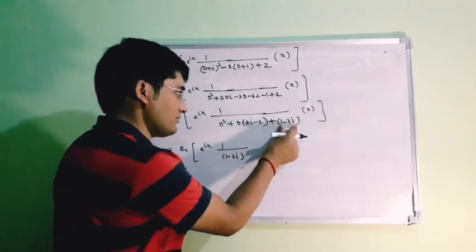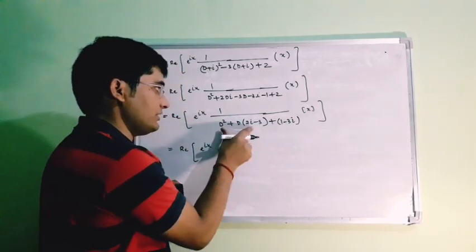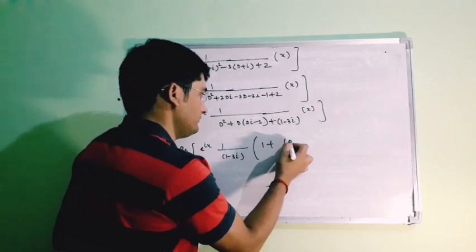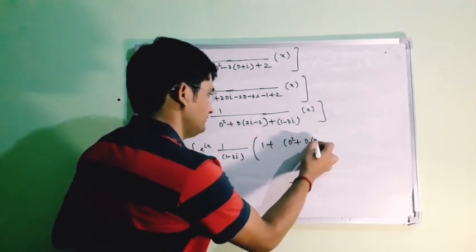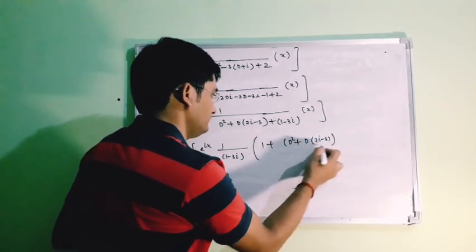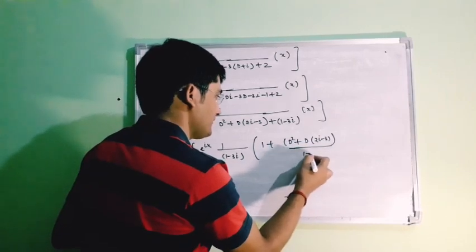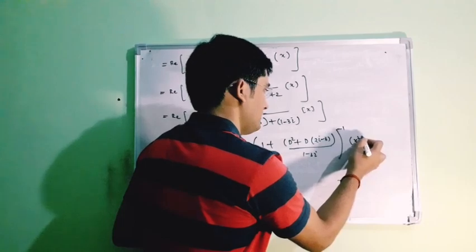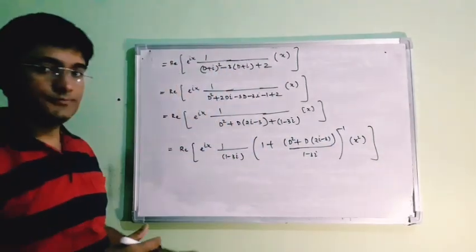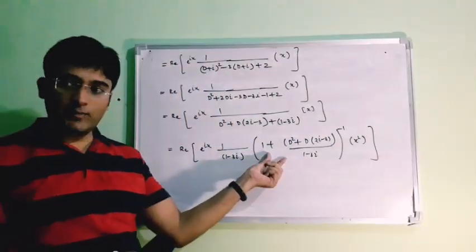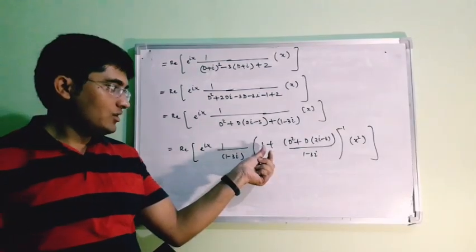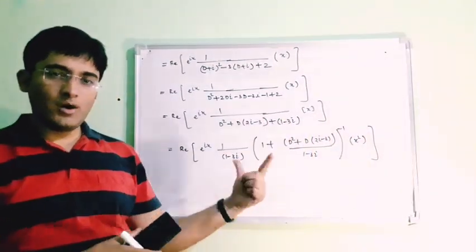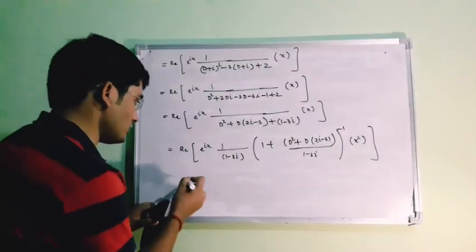Now after taking this term common, we will have 1 plus this term divided by 1 minus 3i, then power minus 1, and so on. Now use the binomial expansion, that is (1 plus x) power minus 1, that will be 1 minus x plus x square, and so on.